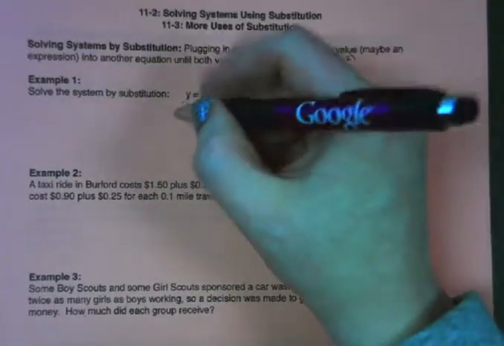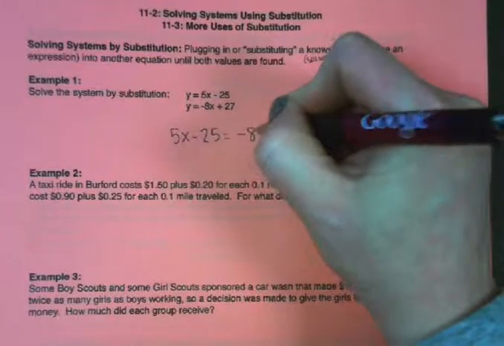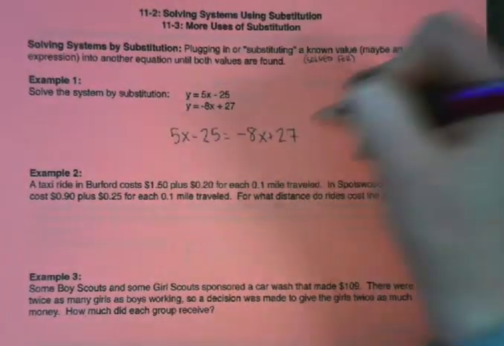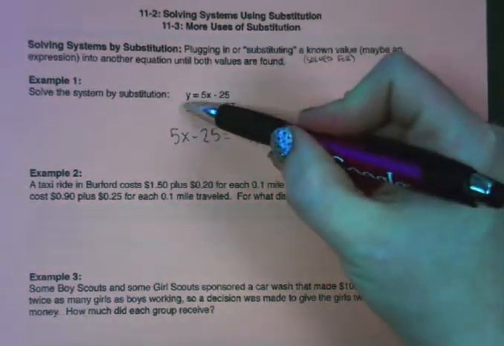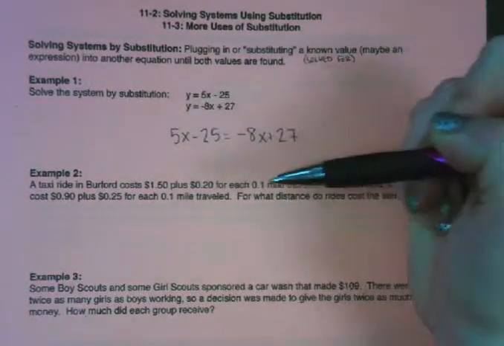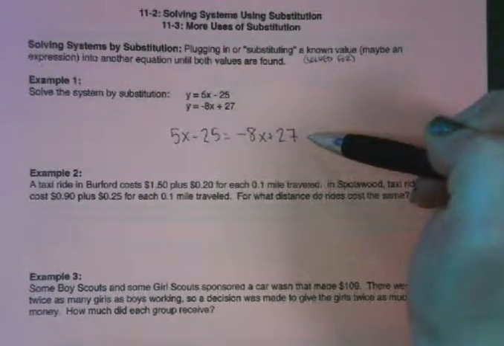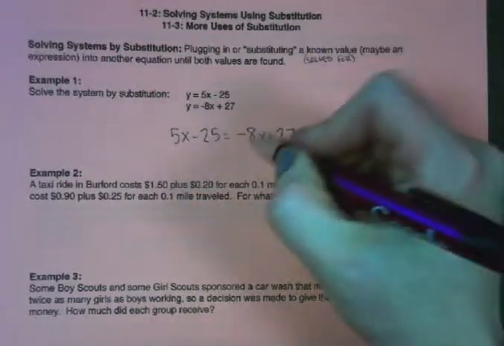We know that they are equal. So think of it as substituting this value of y in for this y, or vice versa. And now it's just a nice equation written in one variable that you know how to solve.